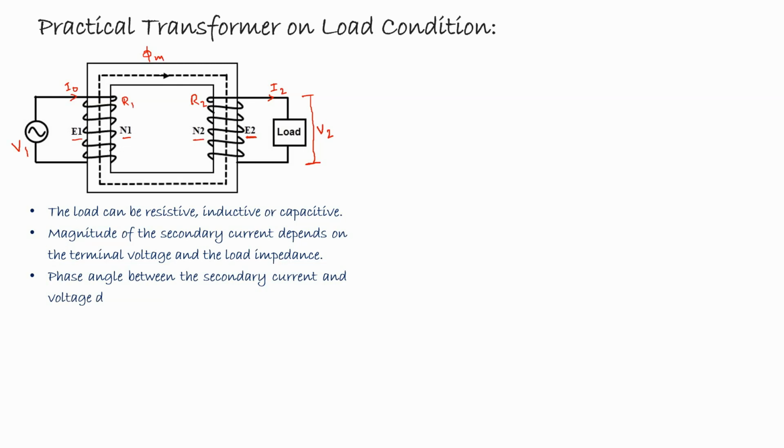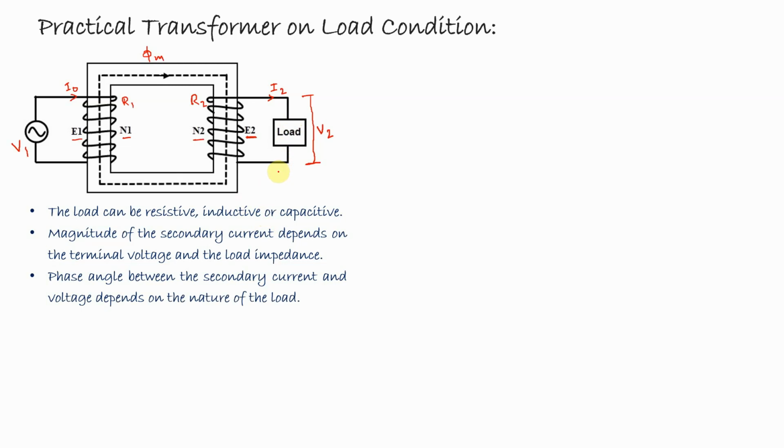Similarly, the phase angle between the secondary current and voltage depends upon the nature of the load. That means the load can be of any type. It may be purely resistive, resistive inductive, or resistive capacitive.